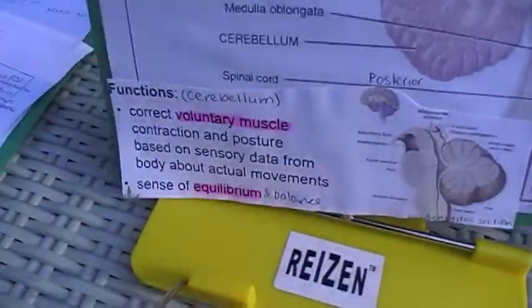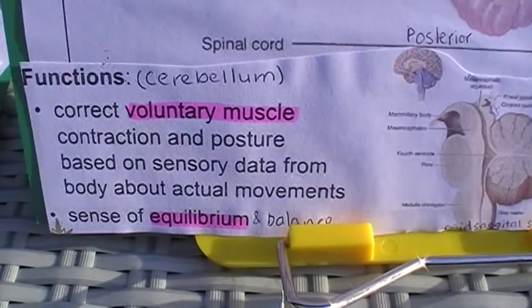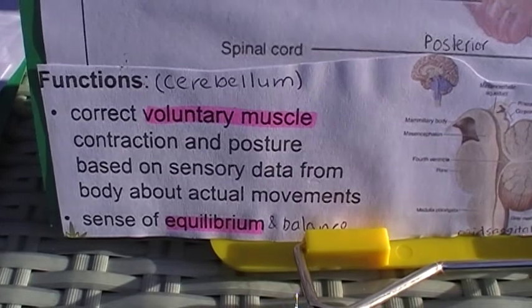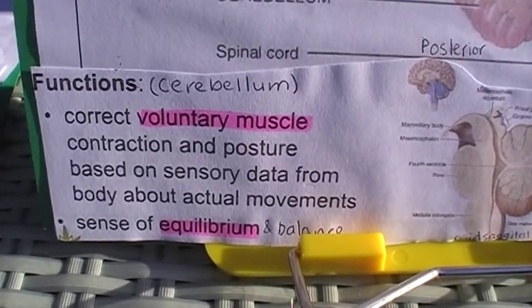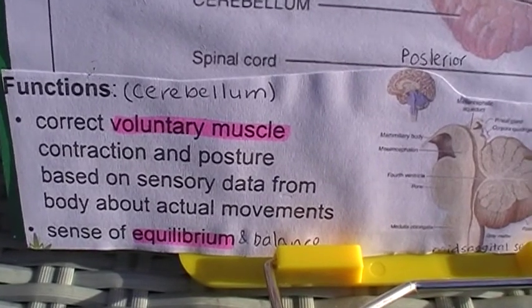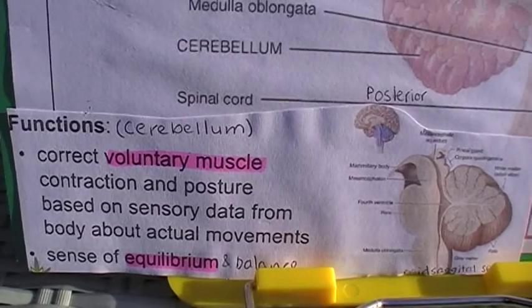The cerebellum corrects voluntary muscle contractions and posture based on sensory data from body about actual movements. Also gives equilibrium and balance.